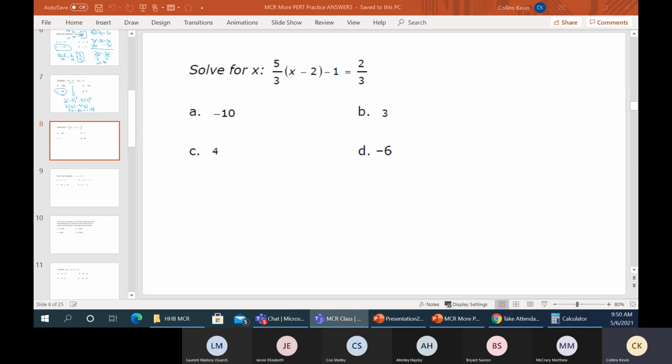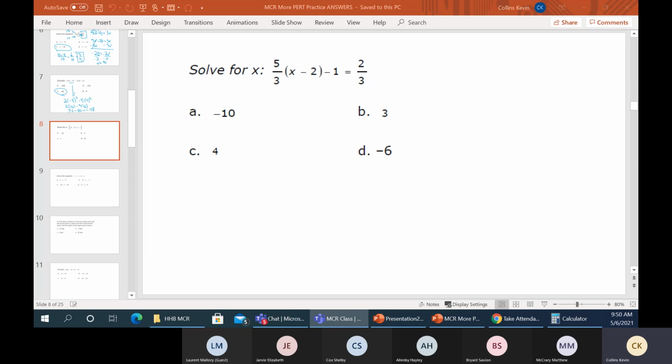Okay, Mallory, did you plug in numbers or did you do the algebra? What route did you go on this one? Did the plug-in? Okay. All right, so that definitely works.